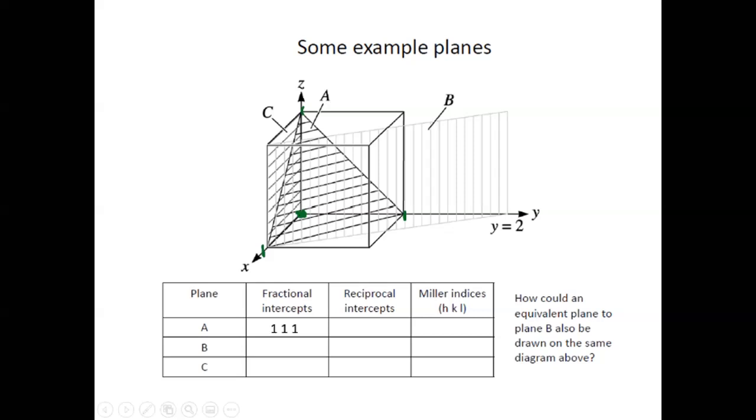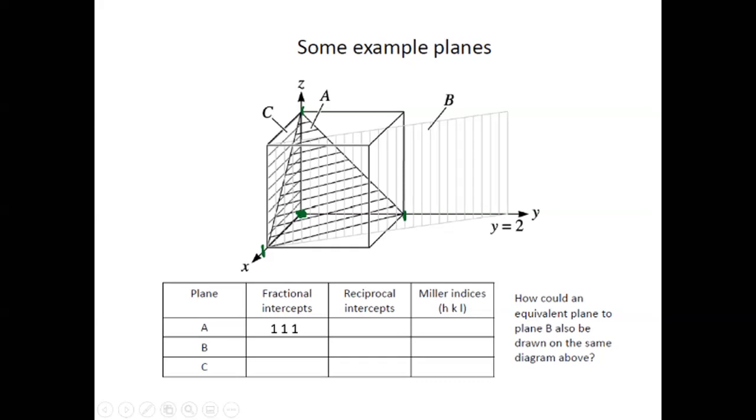For A, the fractional intercepts are 1, 1, 1. So it crosses the x, y, and z axes at the coordinate 1. The way we know it's 1 is because this is 1 unit cell shown. And here, since it crosses at the corner of the y or b axis, it's the 0, 1, 0 coordinate.